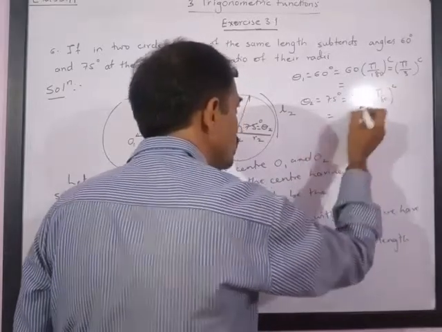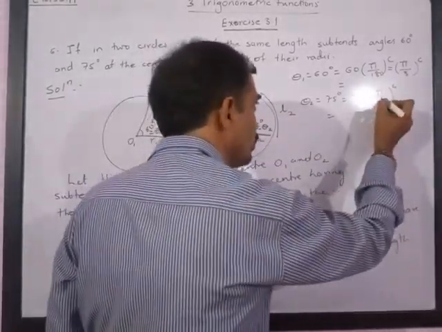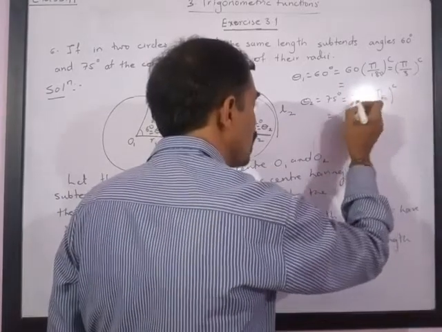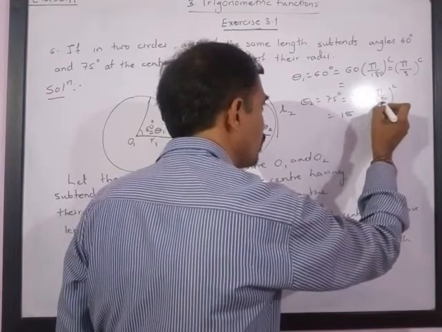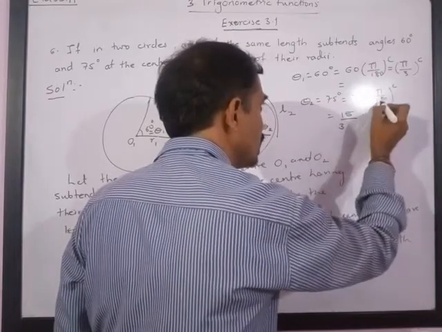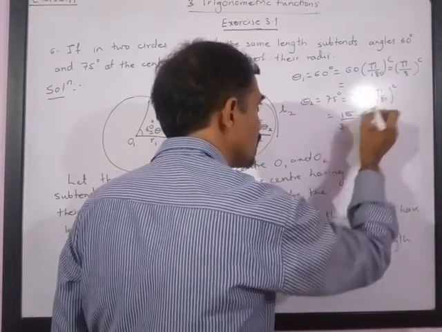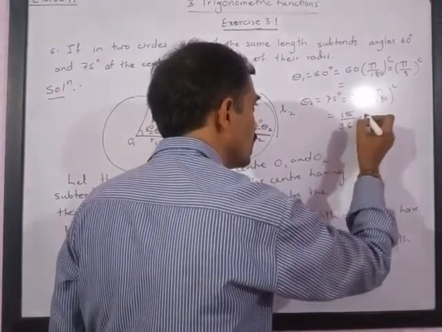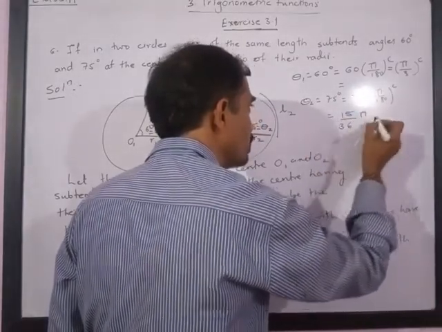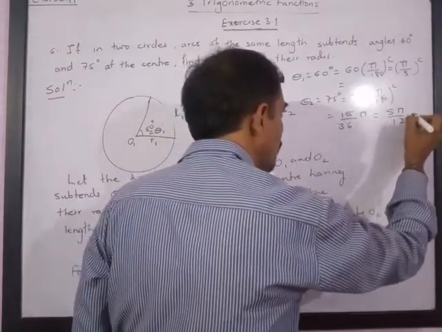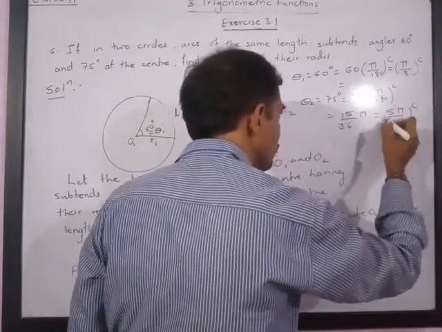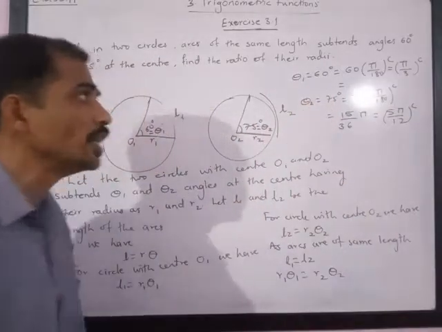This is reducible. If you reduce, you will get 5 ones are 5, 5 fives are 25, 5 threes are 15, 5 sixes are 30. Then this is again reducible by 3. You will get 5 pi upon 12 radians. So we have got theta 1 and theta 2 in radians.